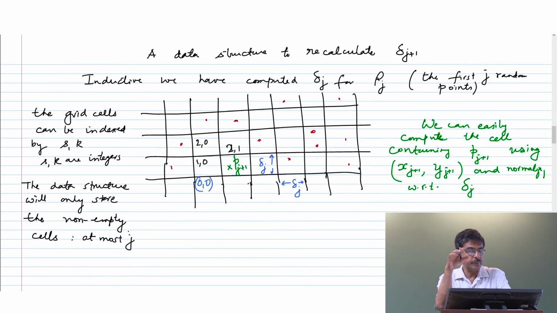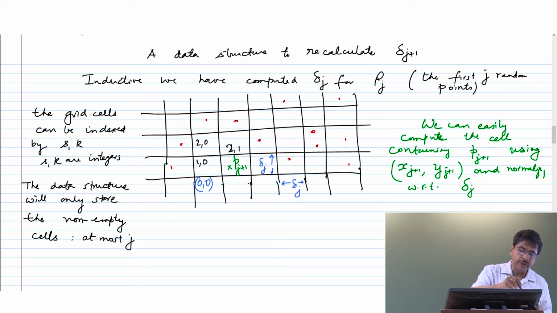So information that we have is that the cells that contain red points are stored in the data structure. So when can it change that or potentially change that distance? So first of all, if there was a red point inside the same cell, there could have been a red point here.